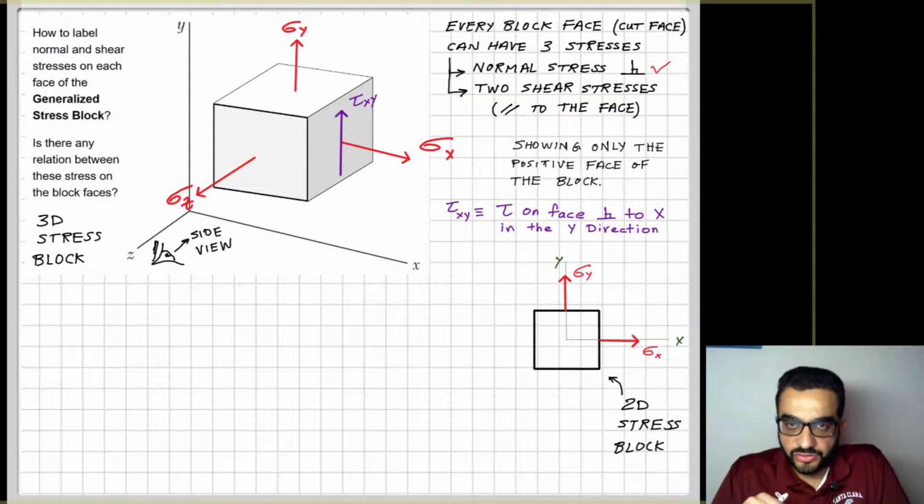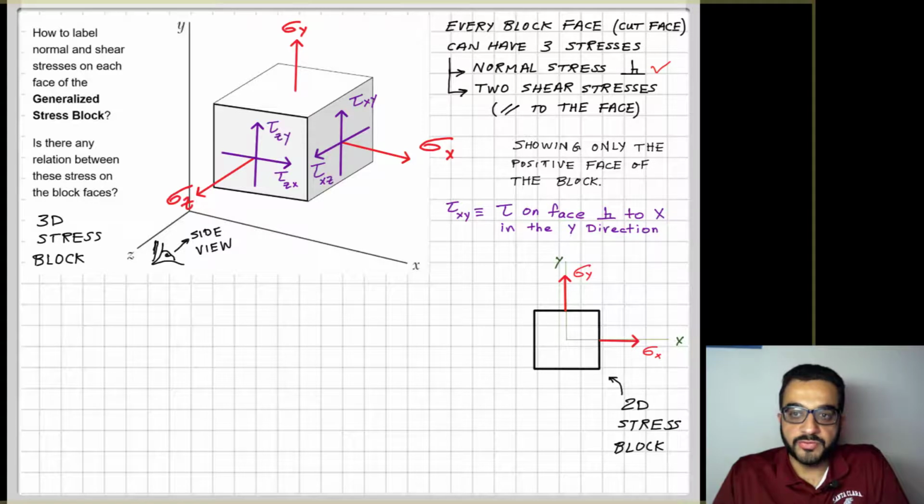So for this one I just draw here, it's tau xy, it's tau in the face of the block that's perpendicular to the x-axis, and it is in the y direction. I can draw tau xz. It's the tau in the face perpendicular to the x that is in the z direction, and you can see all of these different taus acting on the three faces that are visible to me now.